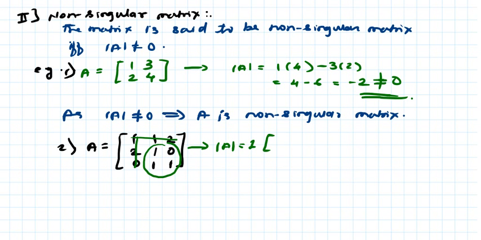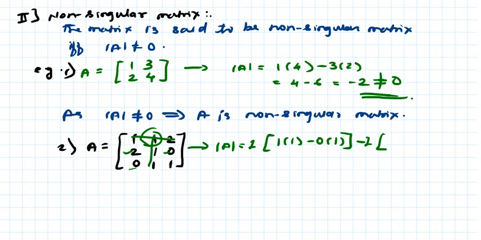Take its determinant: 1 into 1 minus 0 into 1, then minus this one now, into, hide this row and column, what remains is 1 1 2 1.